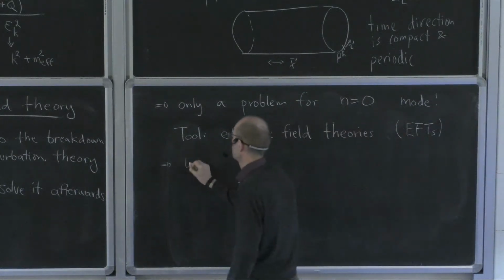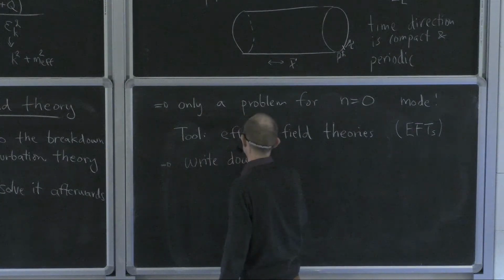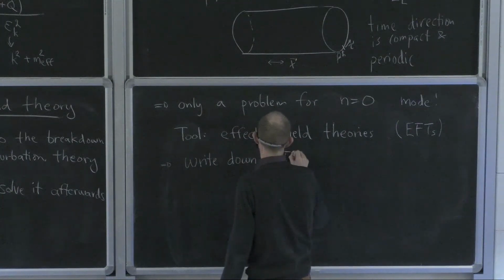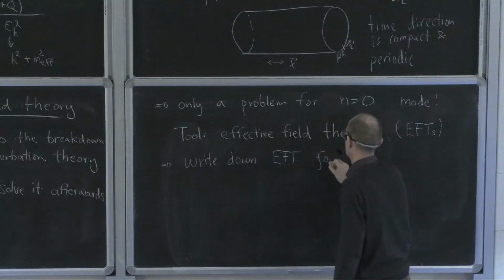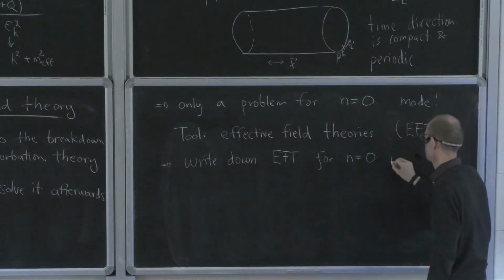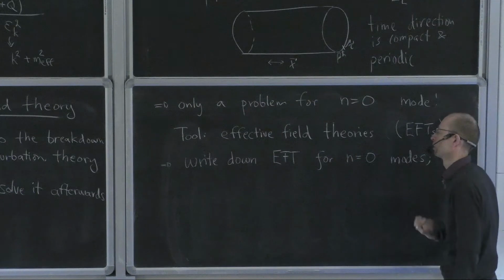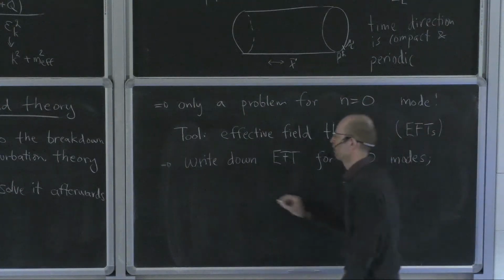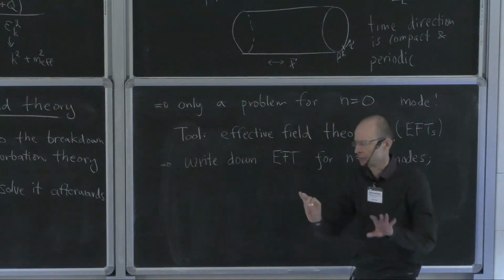So write down an EFT for n equals 0 modes. An effective field theory is a general theory which has many parameters.